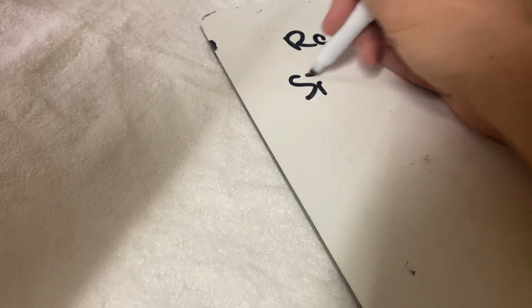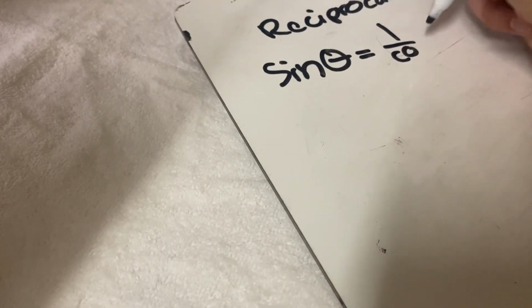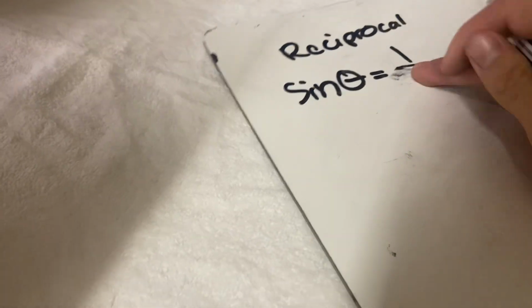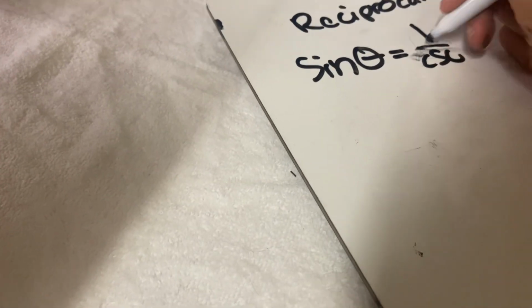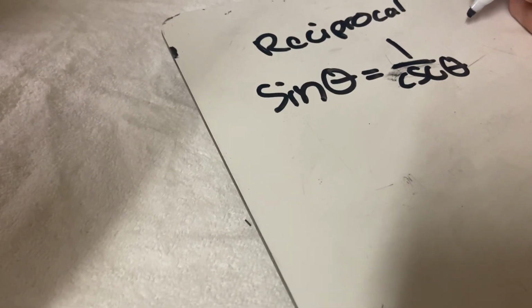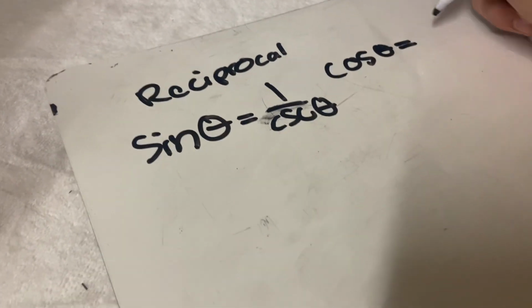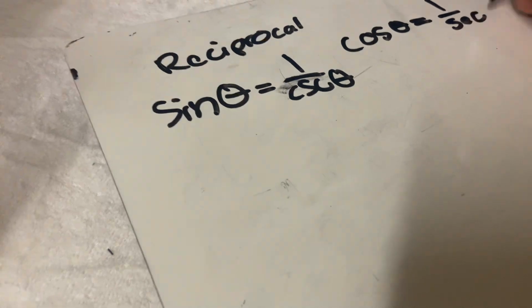And let's start off with sine. So sine of theta would be 1 over cosecant, or CSC, as it stands for, of theta. And then cosine of theta would be 1 over secant.